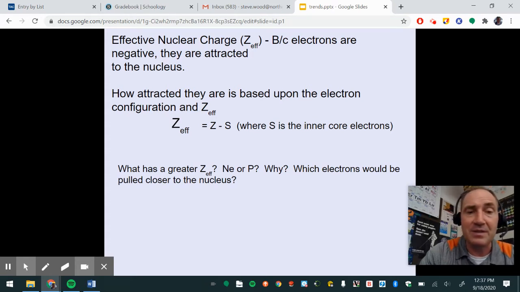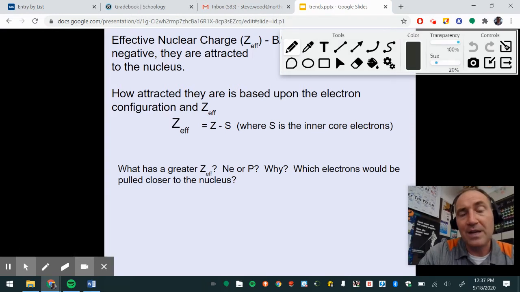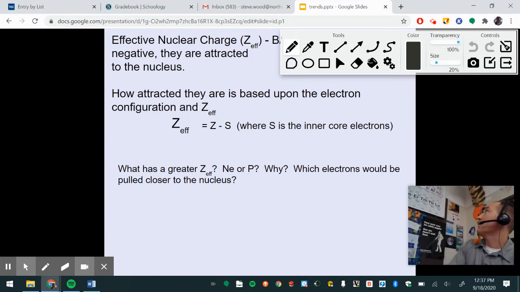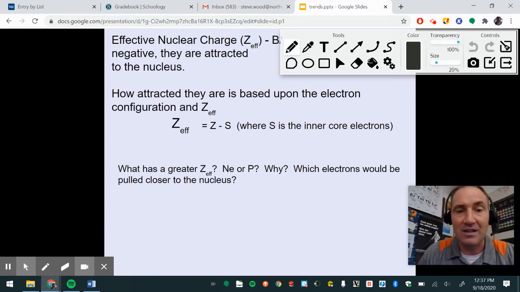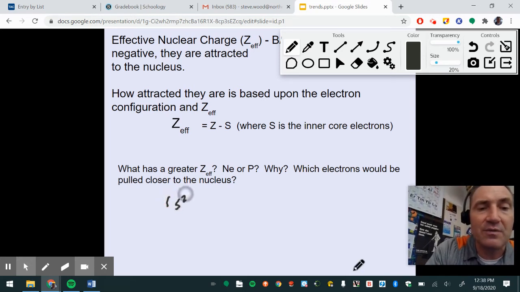You're going to get a question like, which one has greater effective nuclear charge, neon or phosphorus, and why? If we look at the periodic table, neon has 10 electrons and 10 neutrons. Let's look at the electron configuration: 1s2, 2s2, 2p6.